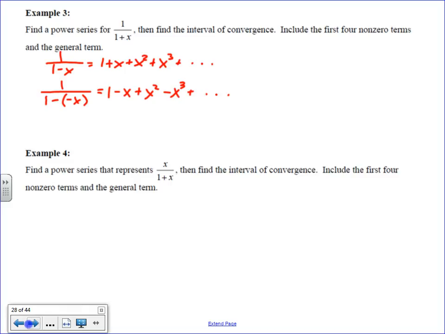Right? And the general term is negative 1 to the n, x to the n. For the interval of convergence, what would I have to do? I could say r equals negative x.